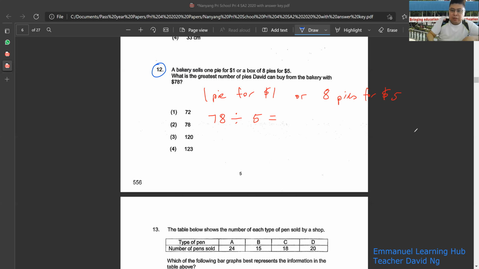$78 divided by 5, right? Okay, take note of the remainder 3. Remainder $3. So 15 groups of 8.